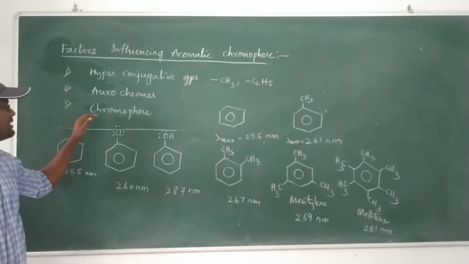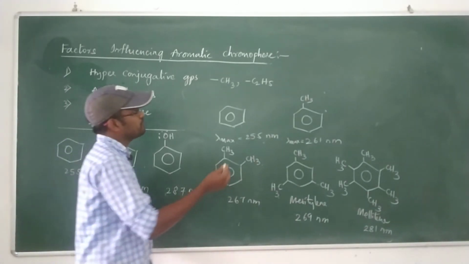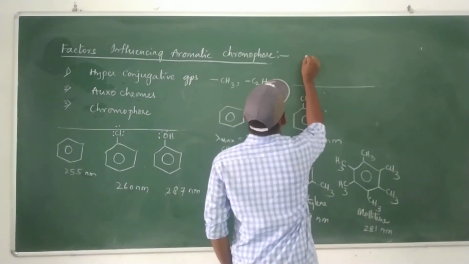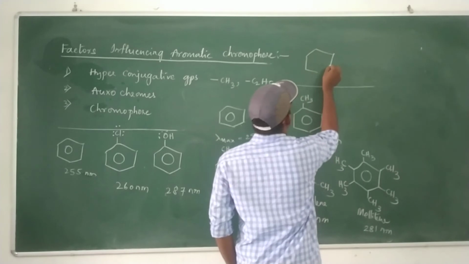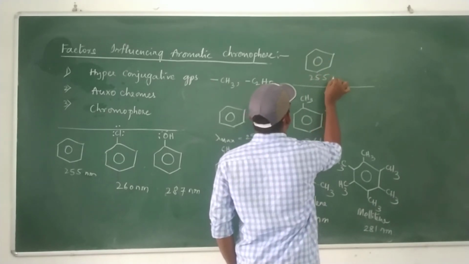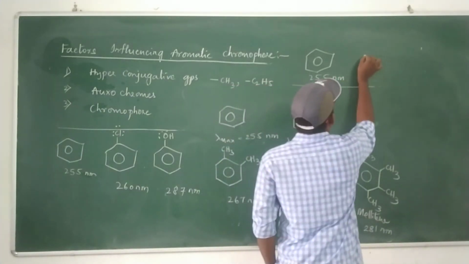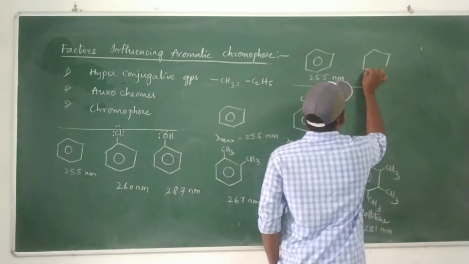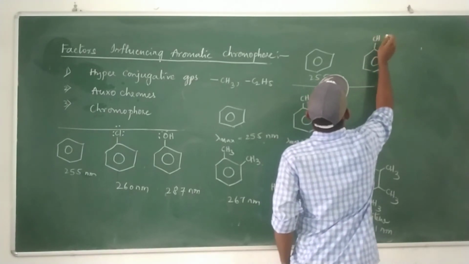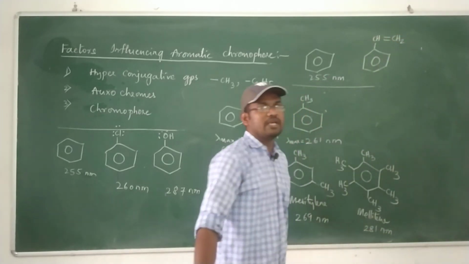And finally, let us see the presence of chromophore. The presence of a chromophore also enhances the lambda max value of the aromatic chromophore. The simplest benzene shows 255 nanometers. When benzene is attached to a simple chromophore, CH=CH2, this is known as styrene.